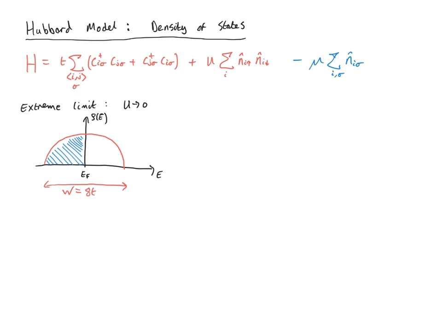And if we want a half-filled system, in the limit U goes to 0, then we just need to pick mu equal to 0, because exactly half of the total number of states lie below the Fermi energy. So when we fill up the Fermi sea up until the Fermi energy, exactly half the states are filled, and we have half filling.